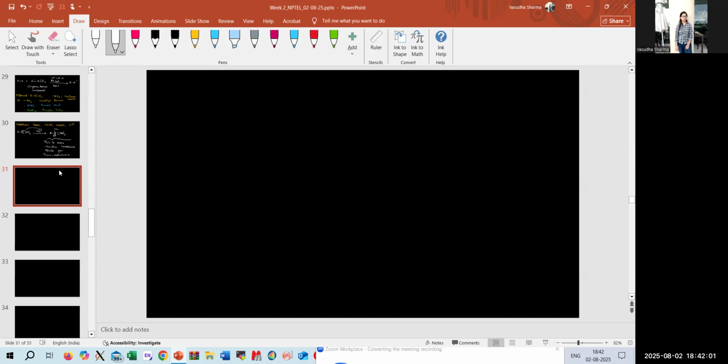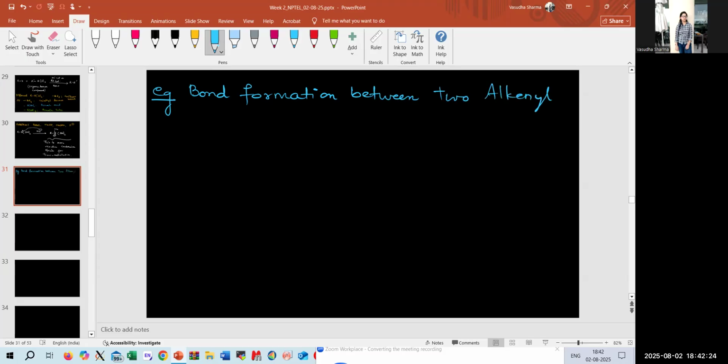So far we have seen the bond formation between aryl groups. Let's see the bond formation between two alkenyl centers.